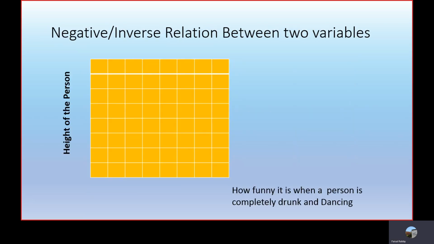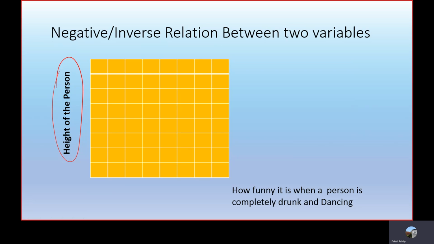So now let us see an example of when two variables are not positively related, but negatively related. So let's see this really peculiar, silly example. I just made this silly example to make you laugh a little bit, I guess. So let's say we are plotting two strange variables on a graph. On the vertical axis, I have height of a person, how tall a person is.